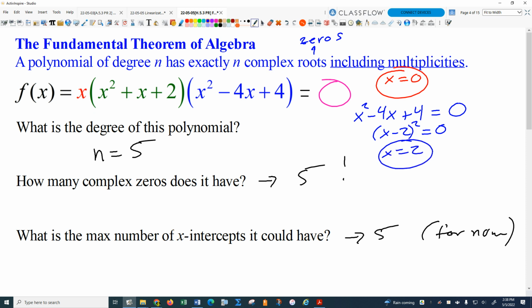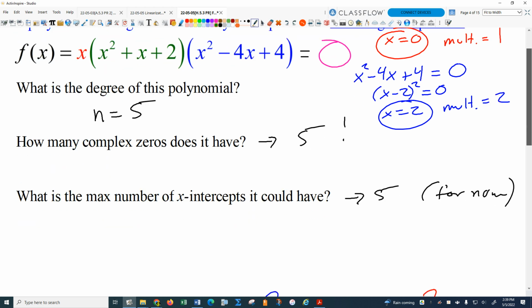What's the multiplicity? Got to be 2, doesn't it? Because it's a factor that's being squared. Okay, so let's count up our zeros. There's 1. Here's 2 and 3. Okay, all we've got to do is find the green 0. Okay, let's do that. We need a little more room. Let's come down here and do the green 0.